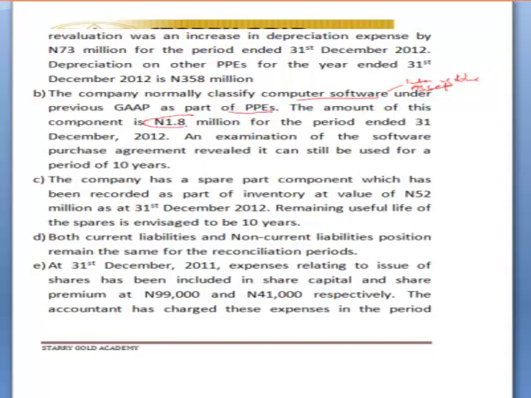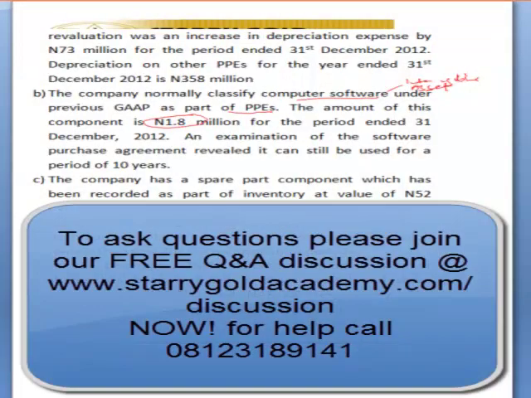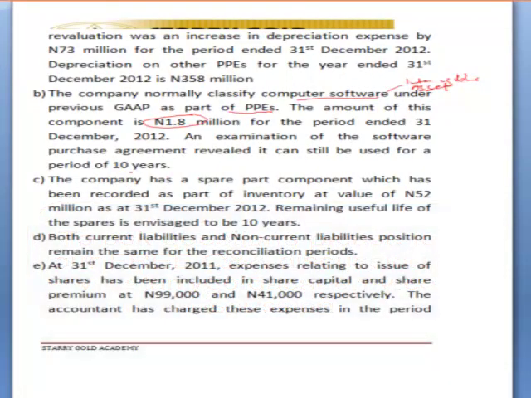The figure is 1.8 million. That means you deduct it from property, plant and equipment of the previous GAAP, then you add it to intangible assets. Now, it says it can still be used for a period of 10 years. It means from the very first day that you are recognizing it as an intangible asset, you need to be able to amortize it over its useful life.